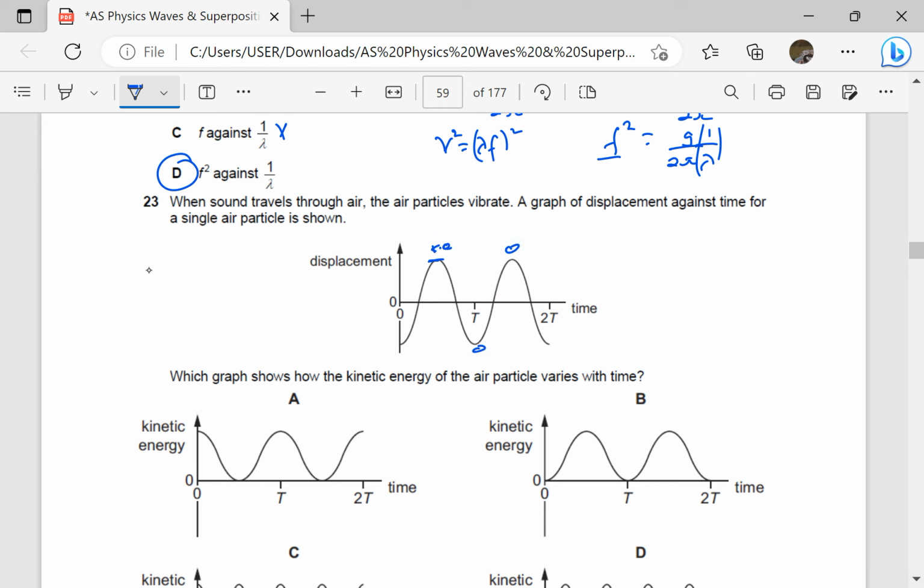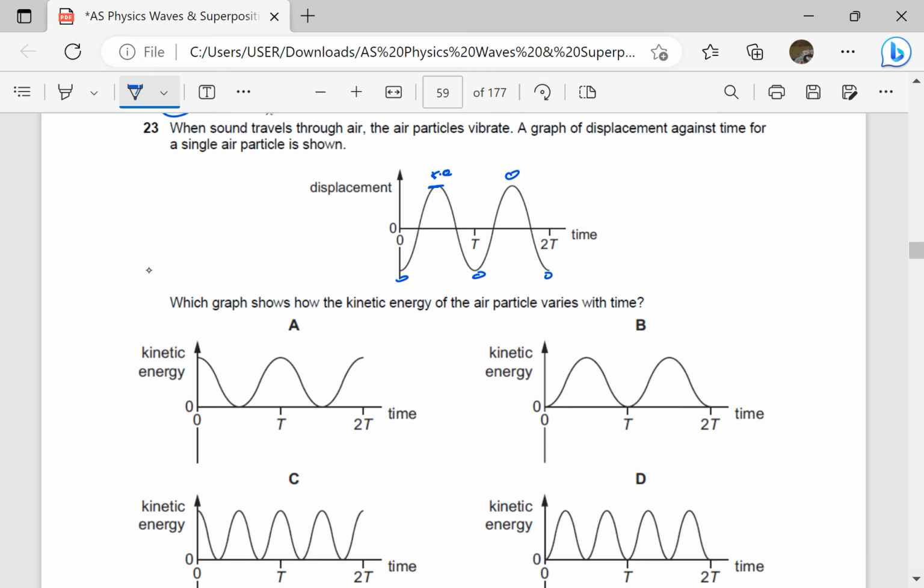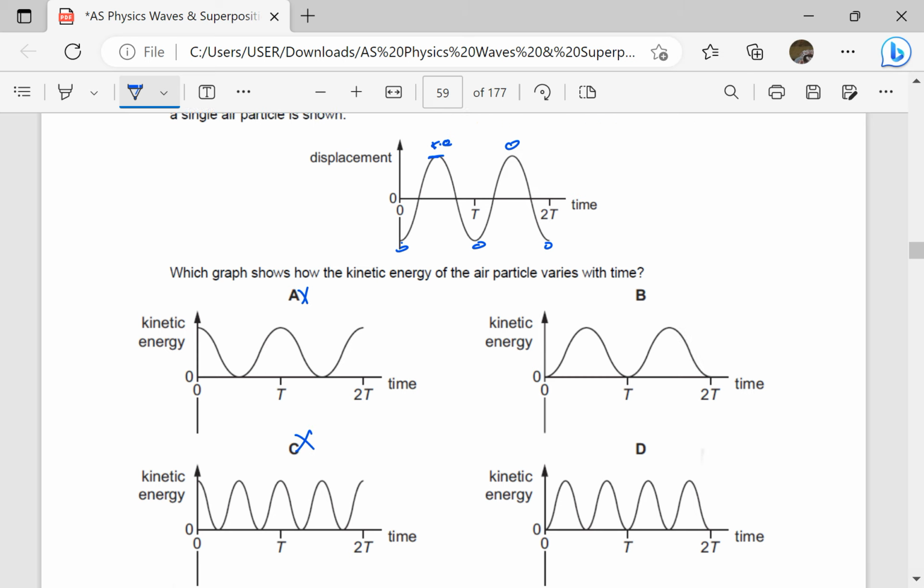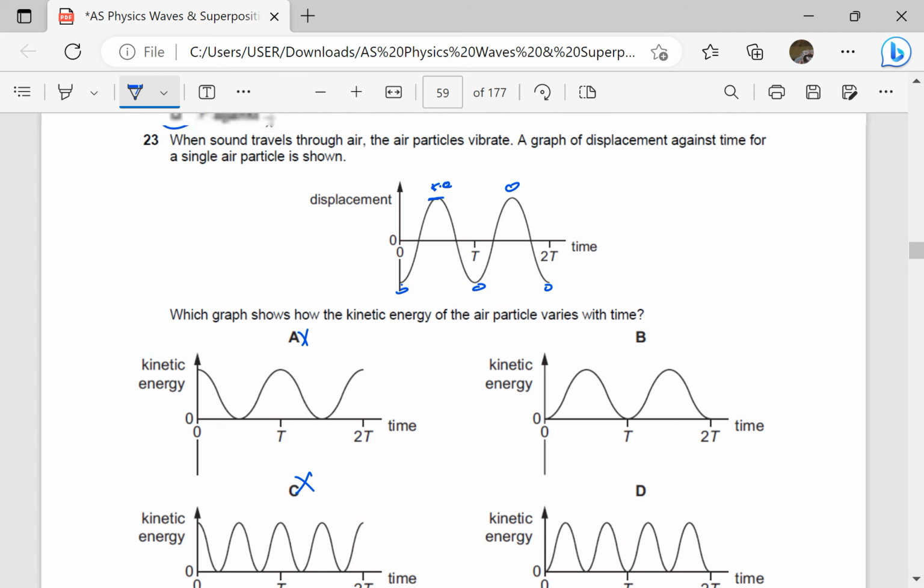So at t equals 0, the kinetic energy should be 0. The graph starts from the origin, so A is out, C is out. Number 2, at half of T, kinetic energy should be 0 again. This one is showing it is maximum, so this is wrong.